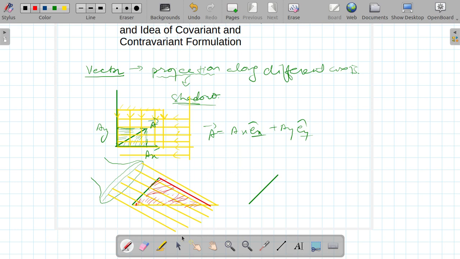But if the source of light will be somewhere here, then what was the projection? The projection is in this direction. So let us have a look at the projection.